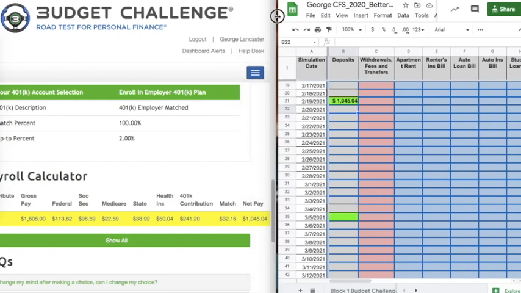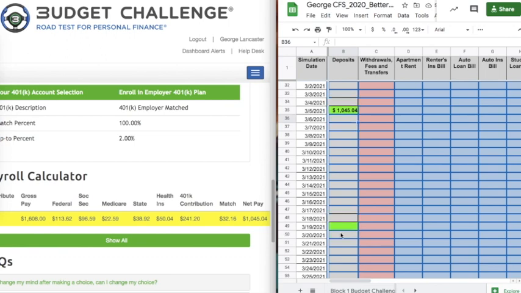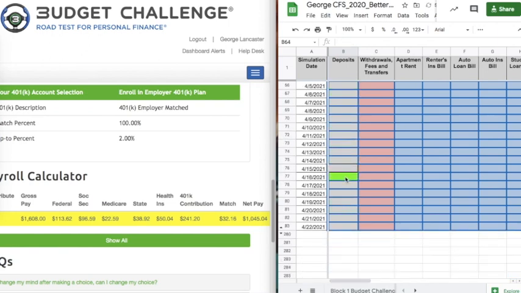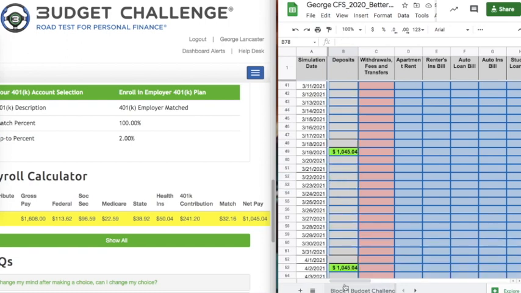I'm going to change, there we go, I should be able to see a little better now. So my paychecks are all set.